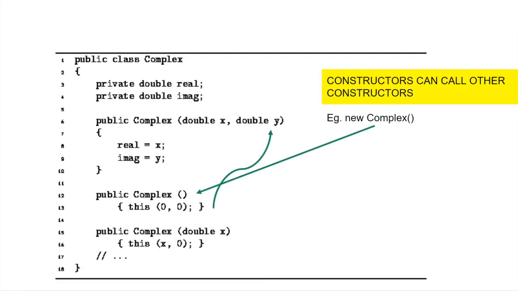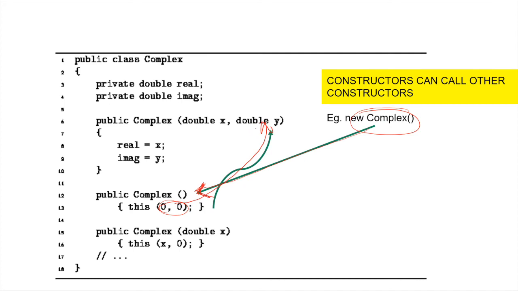Constructors can call other constructors. So what I might have is I might create a new Complex, which is a class, and I'll not pass any variables into it at all. So it'll go here, but what it'll do is it'll call its own constructor and pass in the 2 default values. So it will call here now.